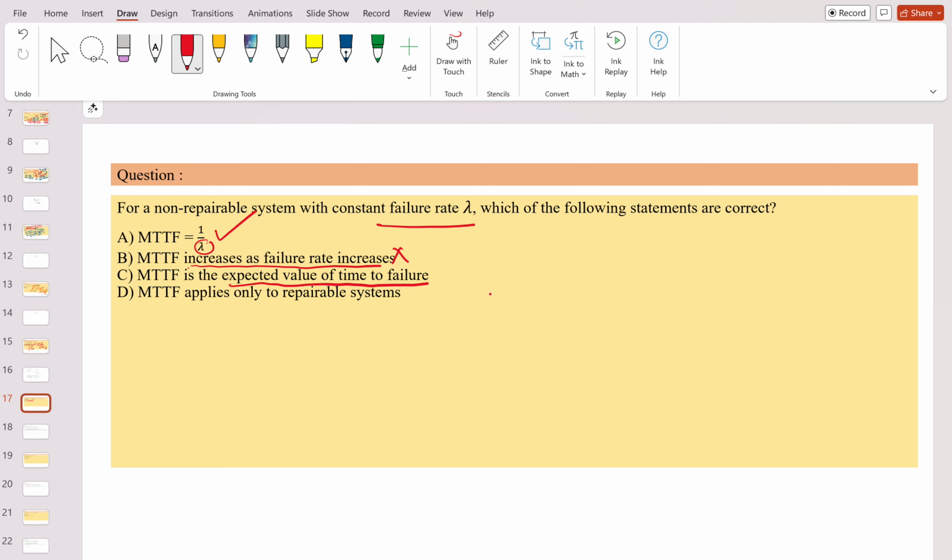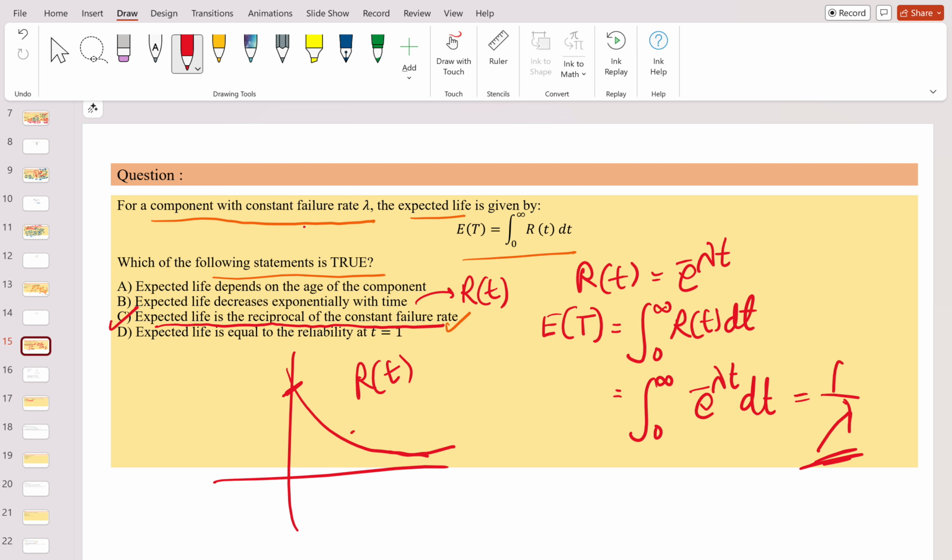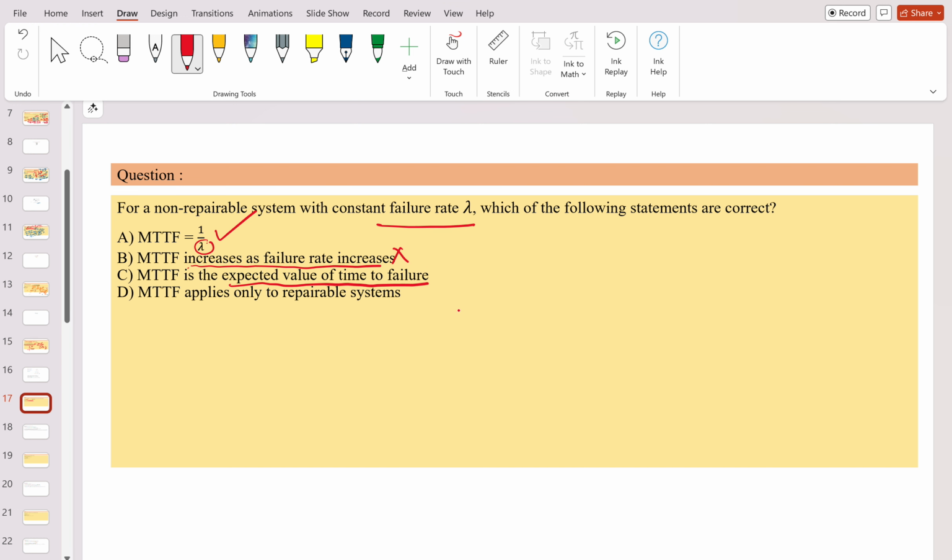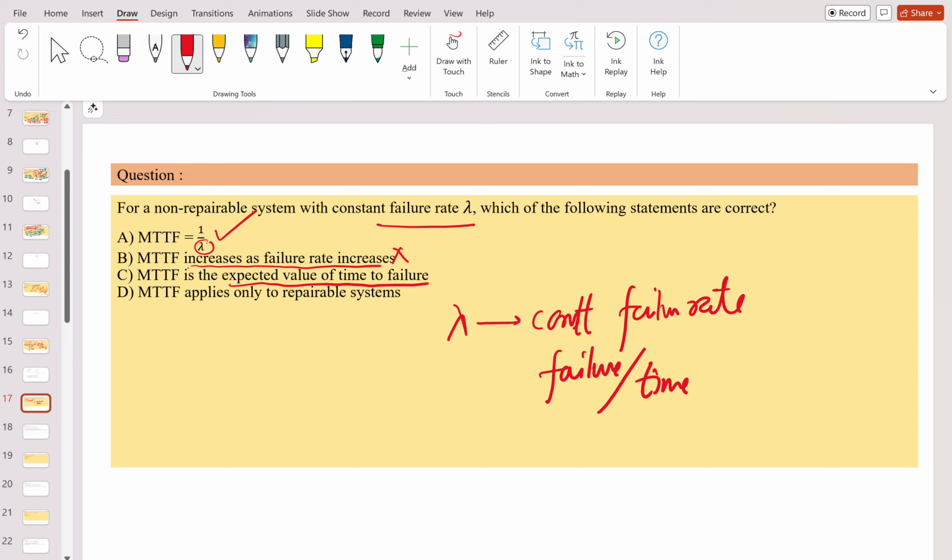When you see the hazard, the constant failure rate is lambda, whose unit is failures per unit time. Here it is asking what the MTTF is. MTTF is basically 1 upon lambda.